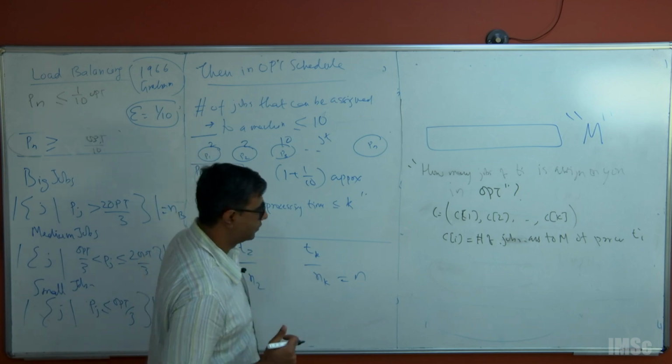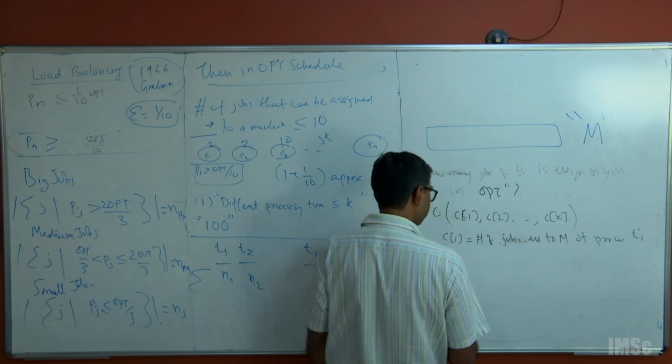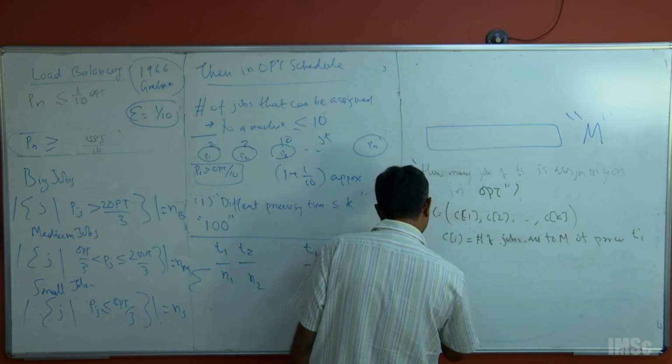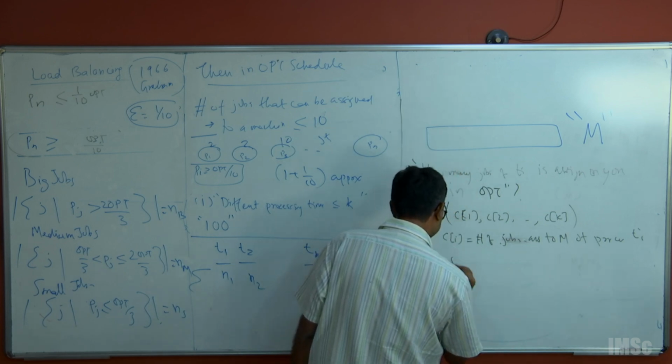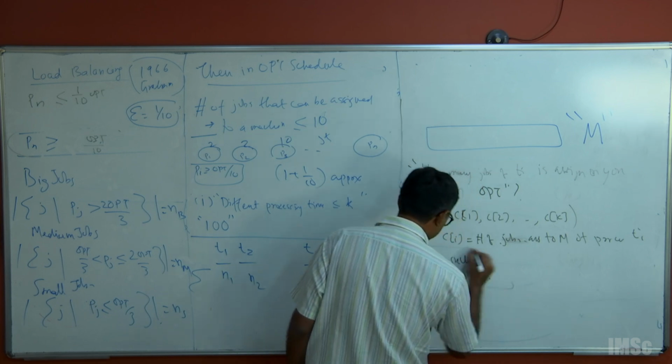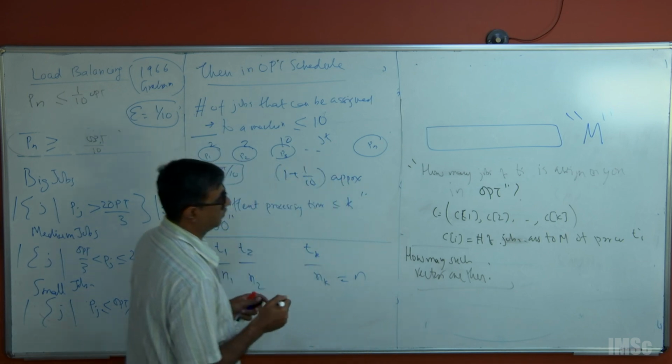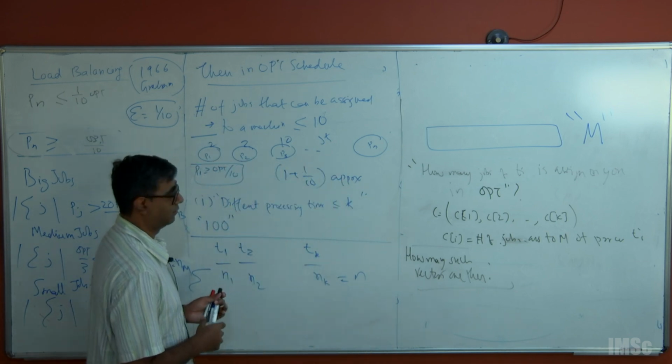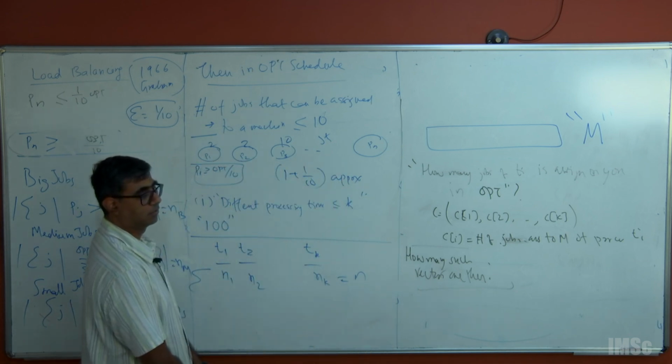So, now let us ask ourselves, how many such vectors are there? Let us ask ourselves, C1 can be?